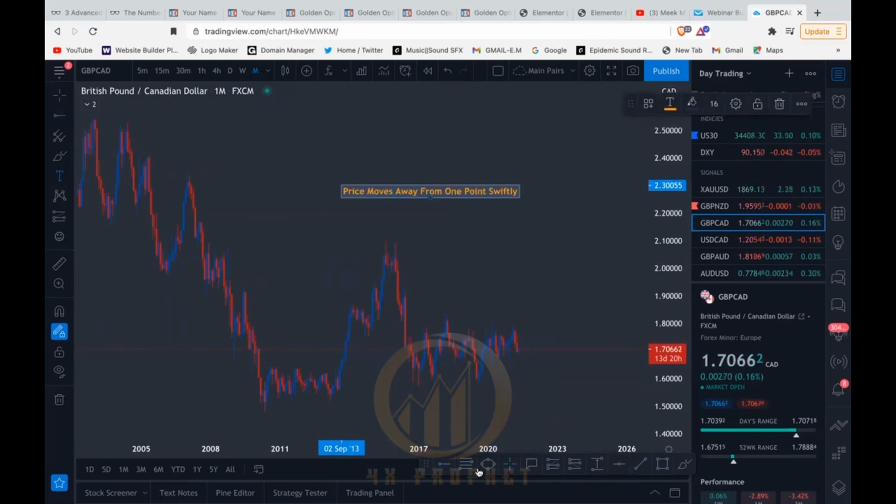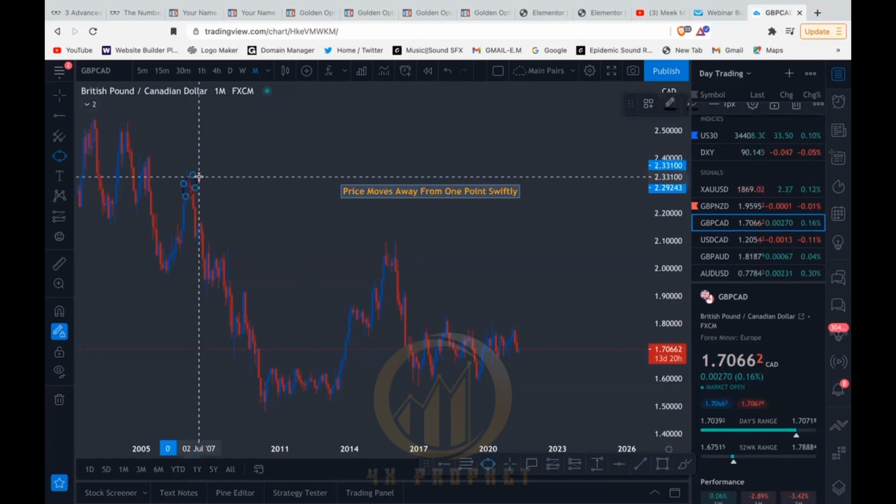So let me use my circle. We can see right here, it was in a bullish uptrend. There you go, you have a bearish order block.